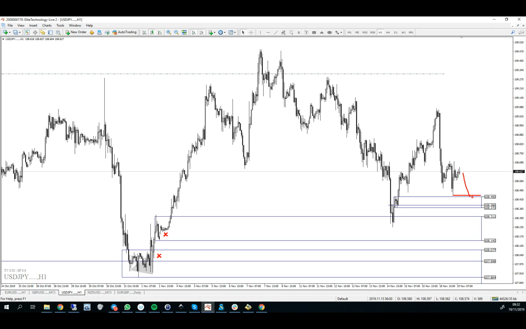Breaking this spike, somewhere around this zone we can expect to buy.